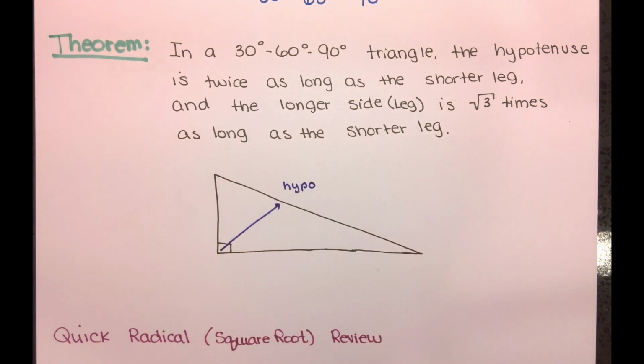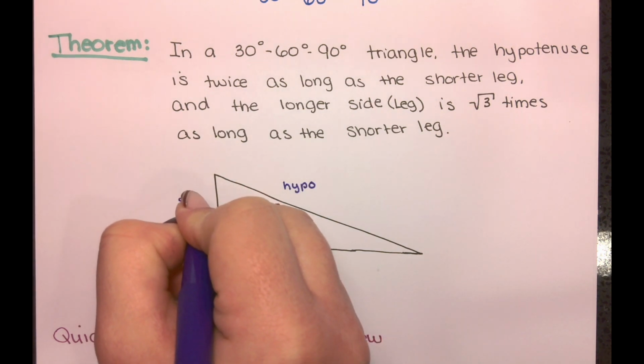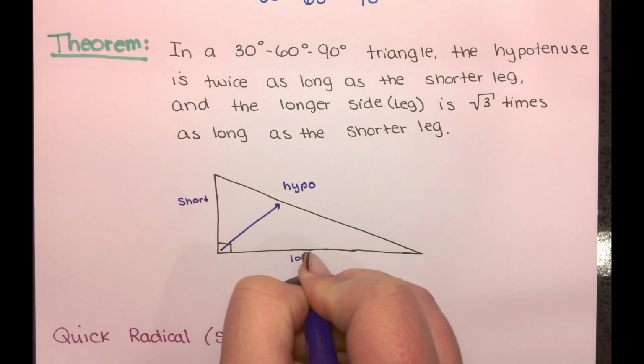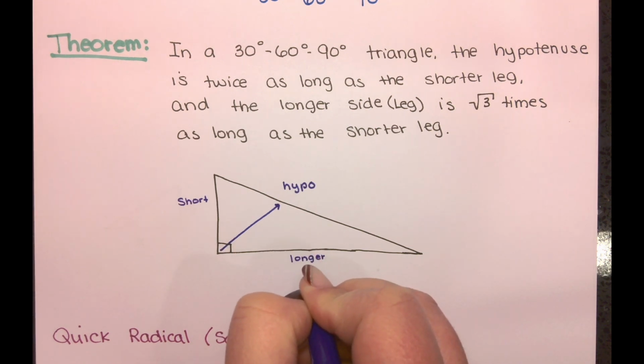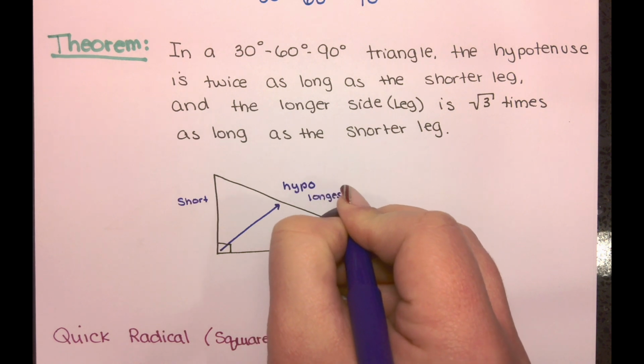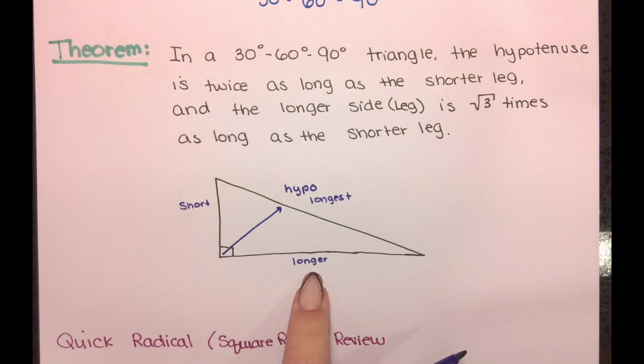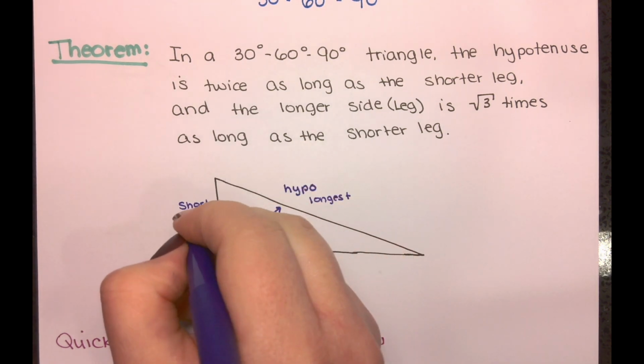Then you have a short leg and a longer leg. So I'm writing longest for the hypotenuse because we're not talking about the longest. We're talking about the longer.